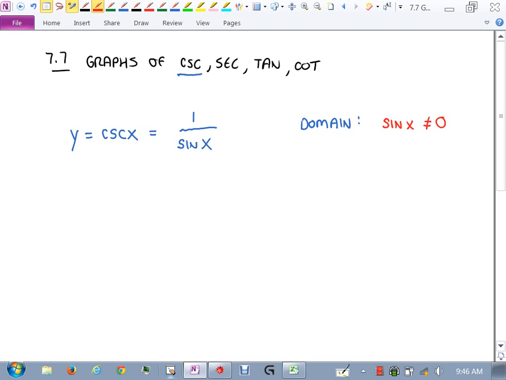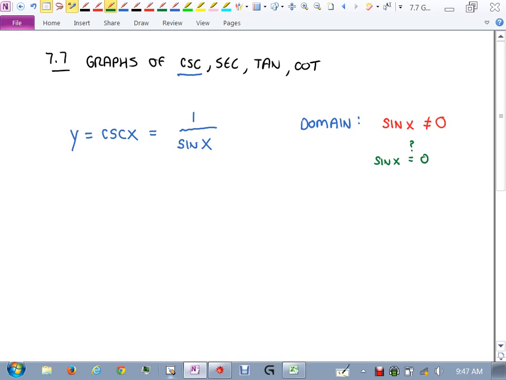So tell me when sine is 0. What's that? Every pi, every multiple of pi? So if it can't be 0, then when is it 0? So I can throw those numbers out.